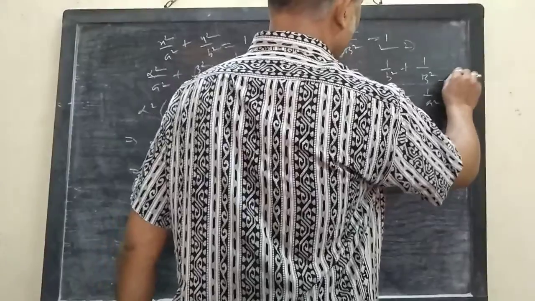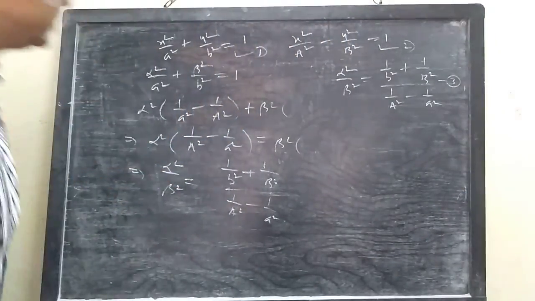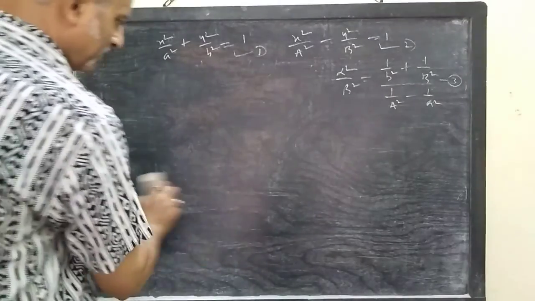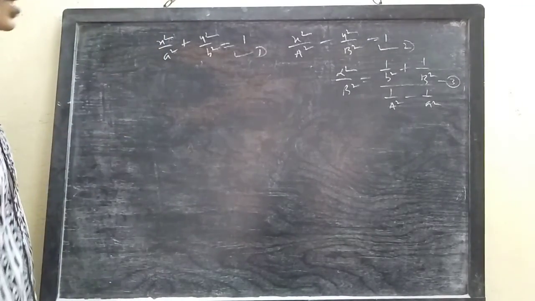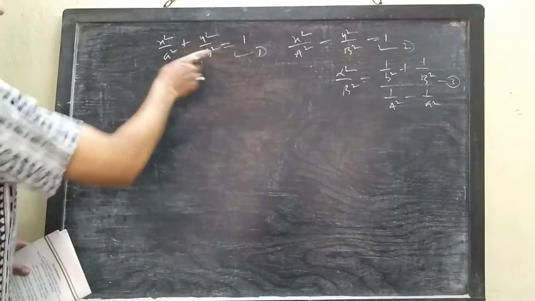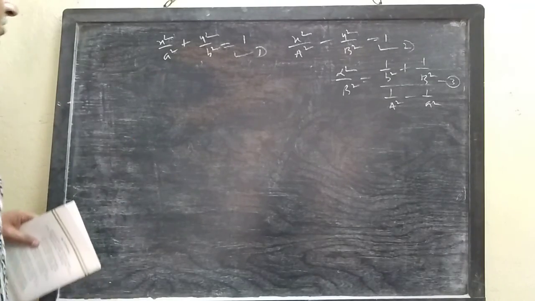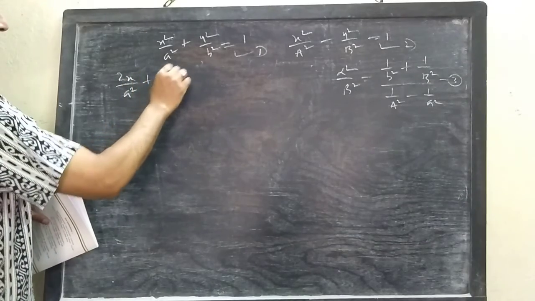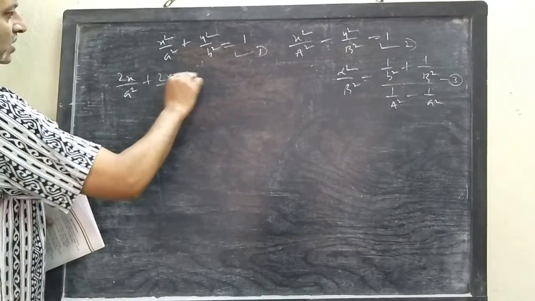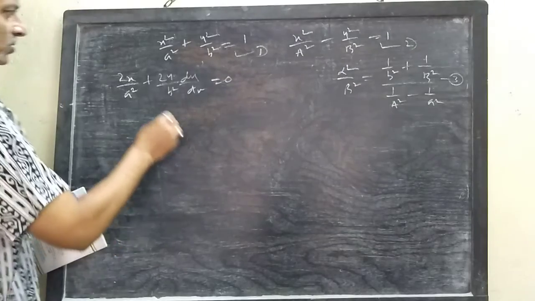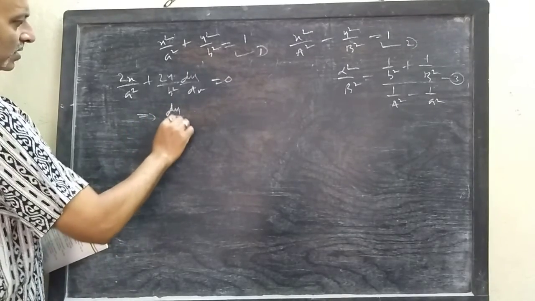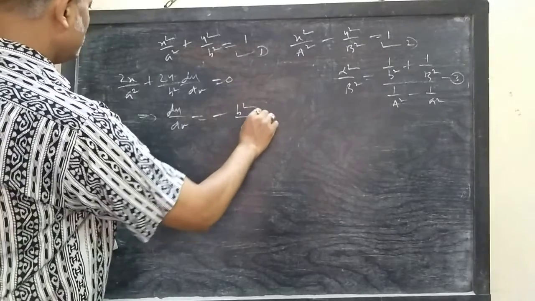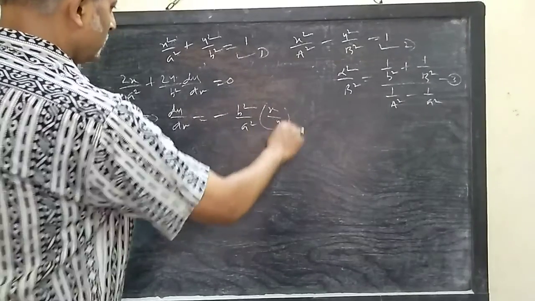Say this is relation 3. Next, our duty is to differentiate the curves and find the tangents at their point of intersection alpha comma beta. So differentiating both sides of 1 with respect to x, we get 2x by a square plus 2y by b square into dy dx equals 0. We get dy dx equals minus b square by a square into x by y.